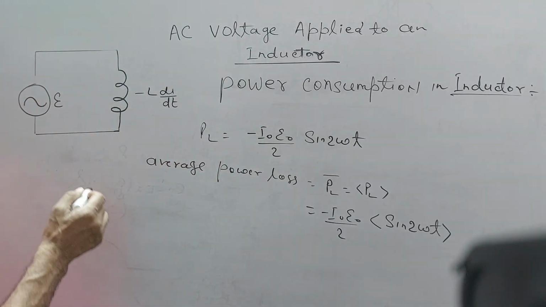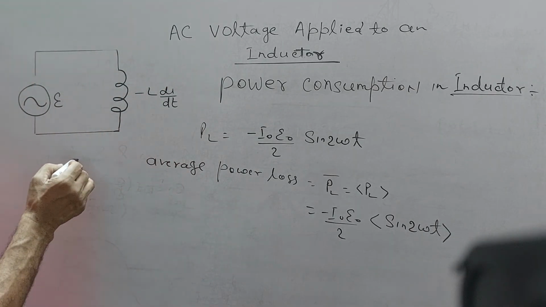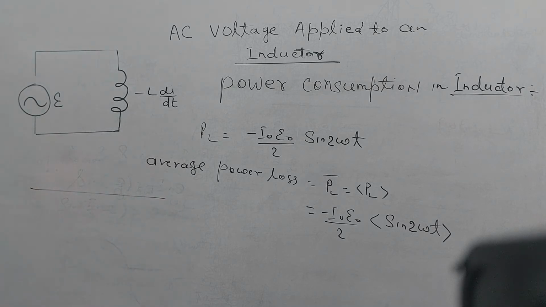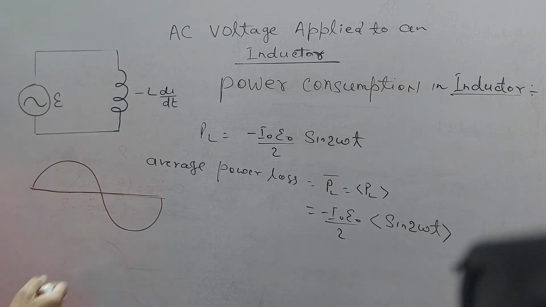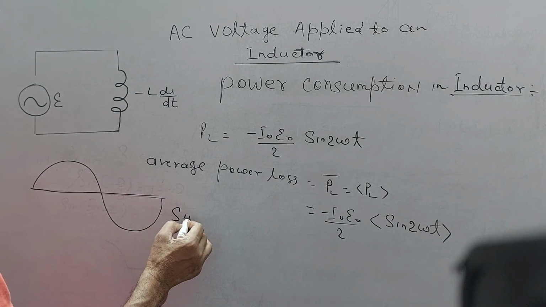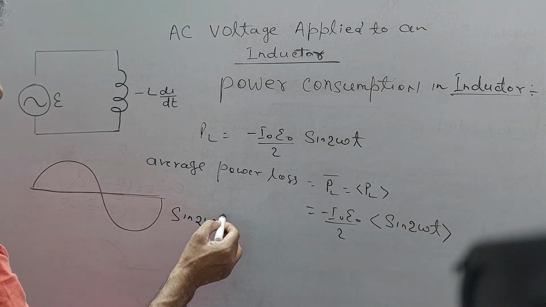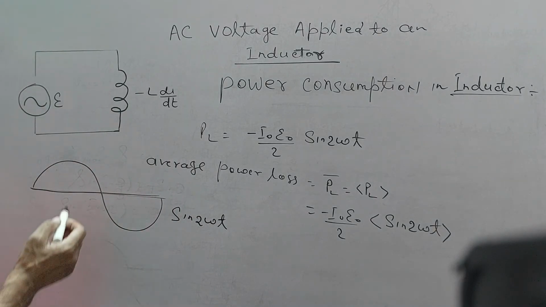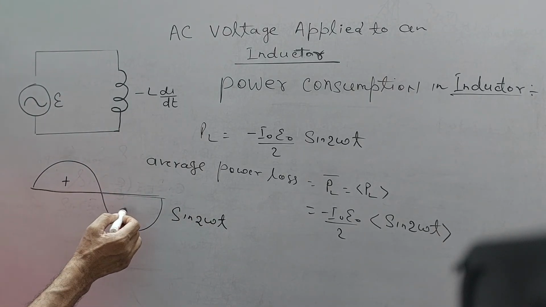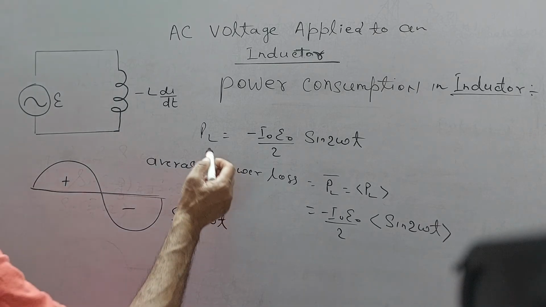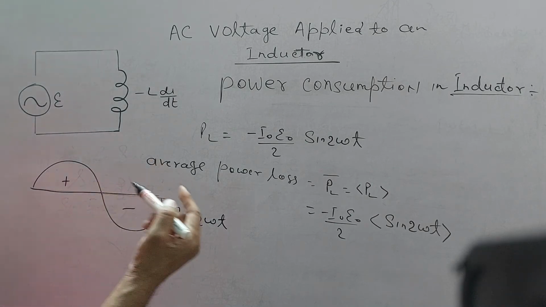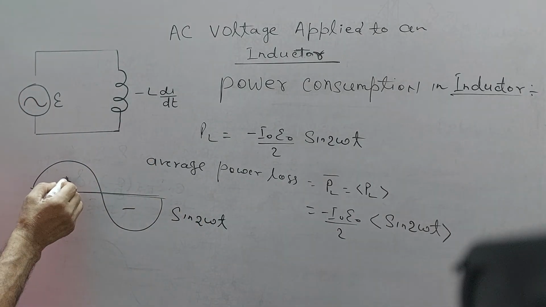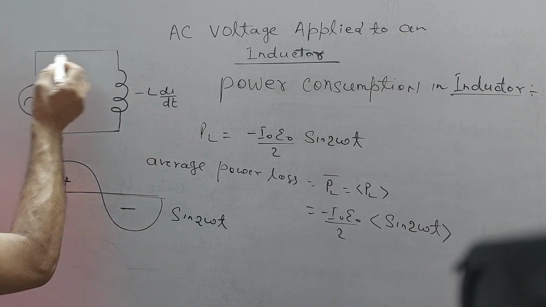If I draw the graph of sine 2 omega t, this is the sine 2 omega t function. In half the cycle it is positive, and in the second half cycle it is negative. In power consumption through the inductor, first half positive means that power is supplied by the source to the inductor.